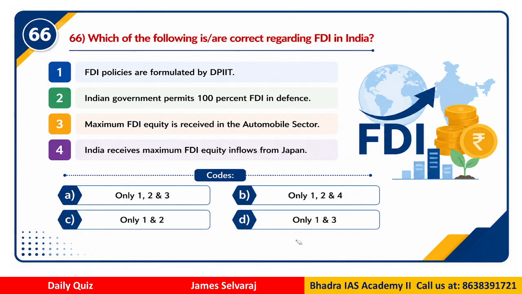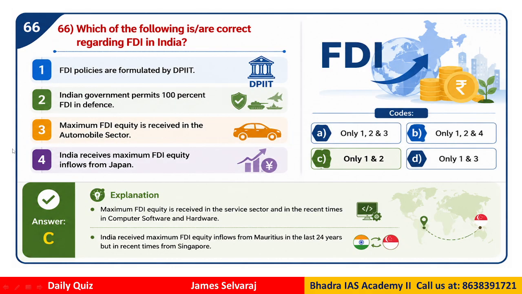So let's look at it. If you follow the news about FDI, the problem is statements 3 and 4. So the correct answer is therefore C, which is 1 and 2 correct. That means maximum equity is received in the automobile sector. This is not correct. Why?